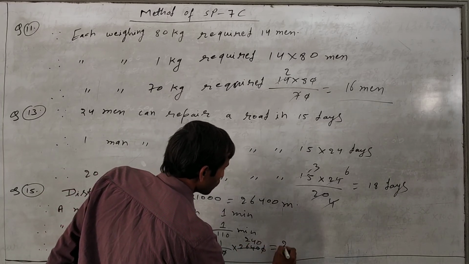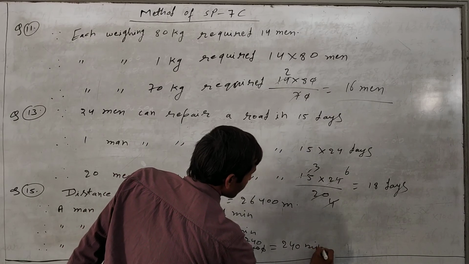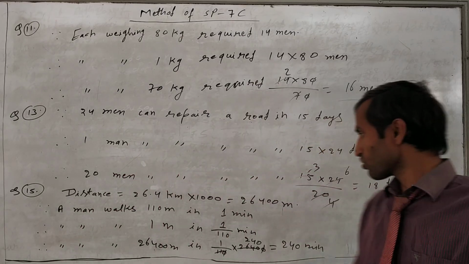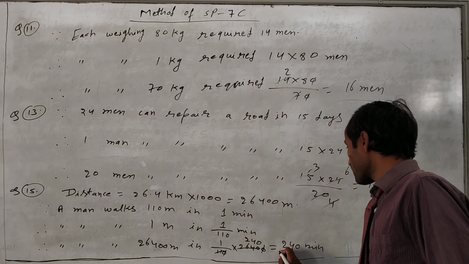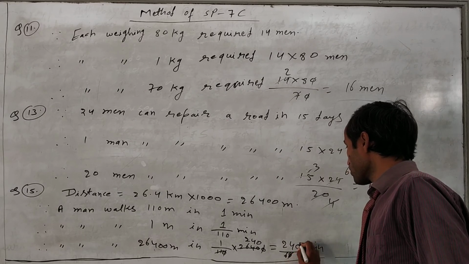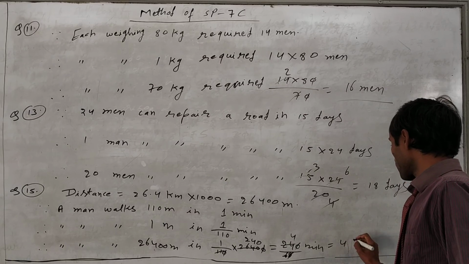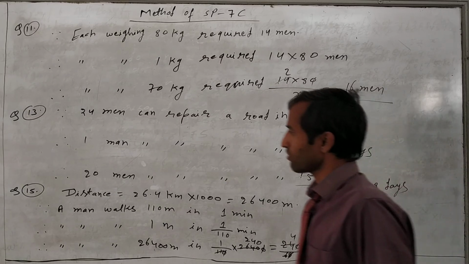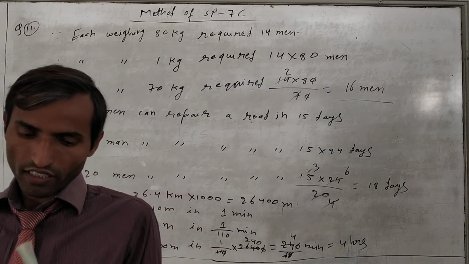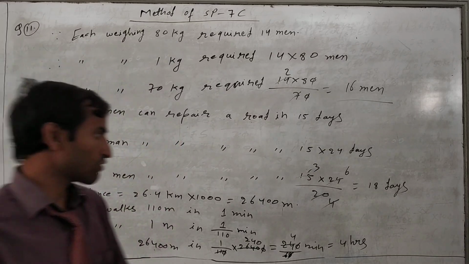So it will take 240 minutes. Now if you want to convert it to hours also, just divide by 60. 0 will cancel, 6 fours are 24, so it will come 4 hours. This is the final answer. Okay, so if he walks 26.4 kilometers, he will take 4 hours.